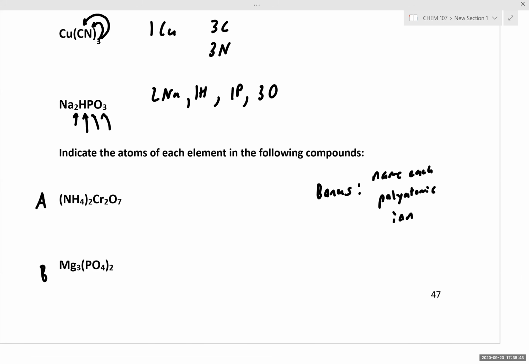So let's spend about 3 to 4 minutes on this example, and then we'll come together as a group to discuss.